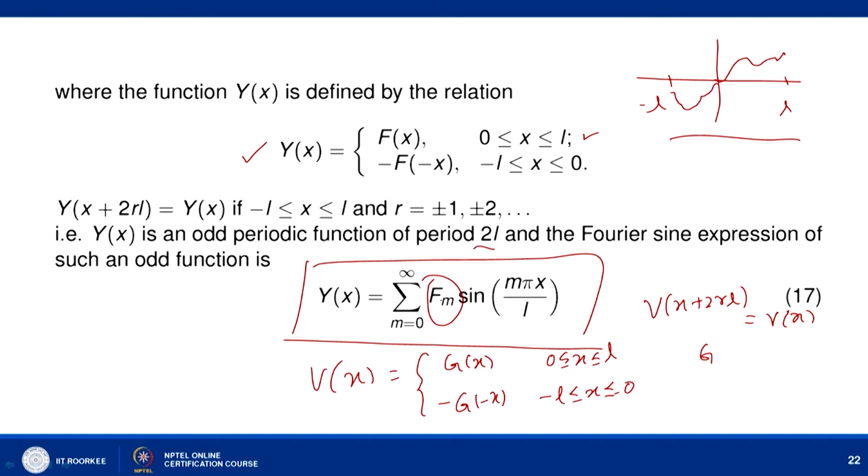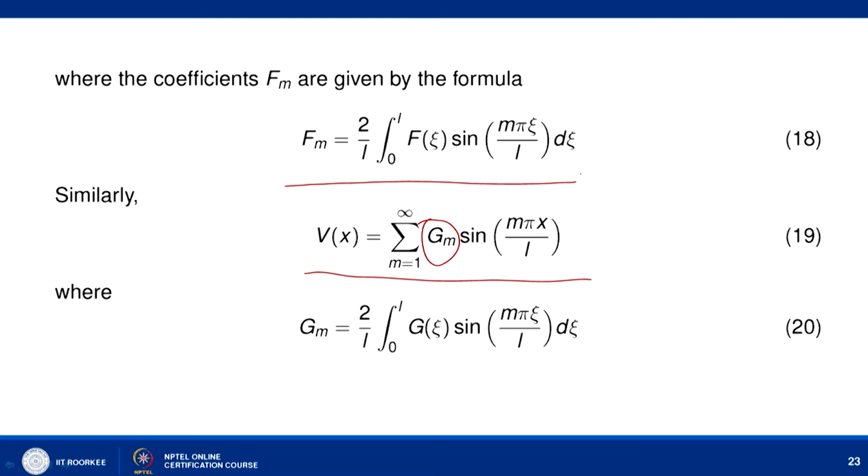If I want to find f m, then you just multiply by sin n pi x by L. So, you have y of x sin n pi x by L dx, and you integrate between minus L to L. And see what you will get here: it is the summation over m equal to 0 to infinity of f m sin m pi x by L, and then here you will get the inner product with sin n pi x by L dx, and then use the orthogonality property of sin n pi x by L, and you will see that you can obtain f m by this: it is 2 by L, integral from 0 to L of f of xi sin m pi xi by L d xi.